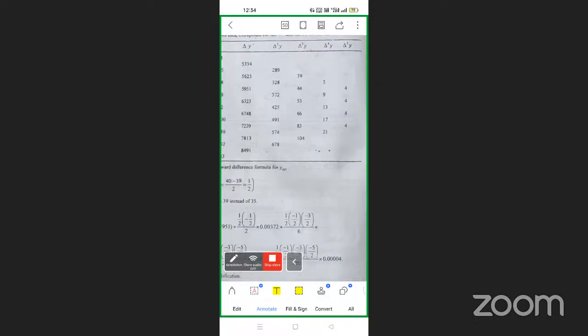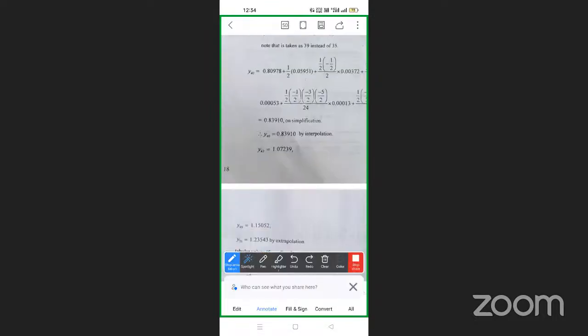Simplify. So we are getting y40 is equal to 0.83910. So this is y40, that is tan 40.